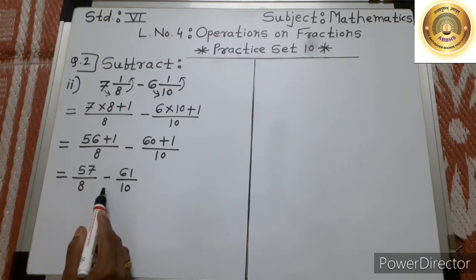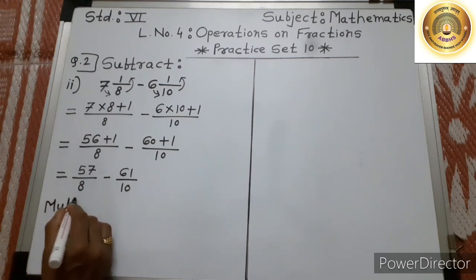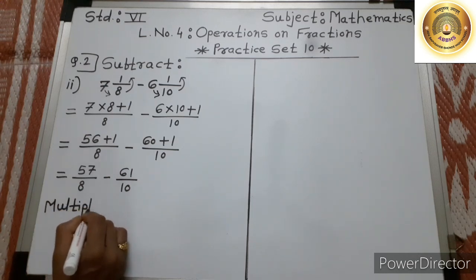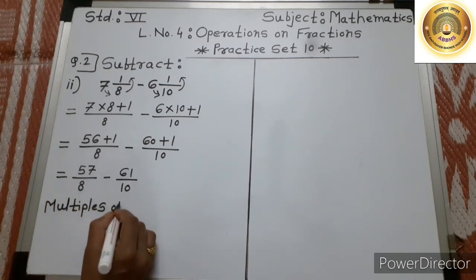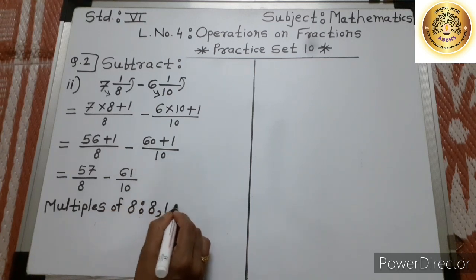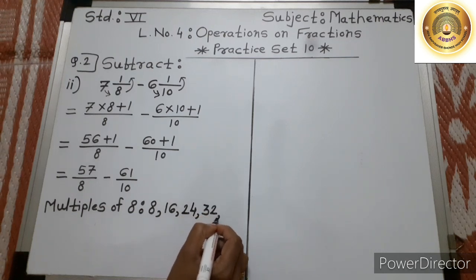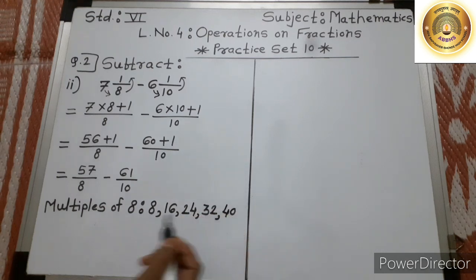So to subtract, you have to convert them into like fractions. So make denominator equal. For that write their multiples. Multiples of 8: 8, 16, 24, 32, 40.